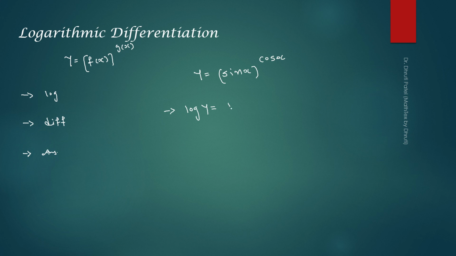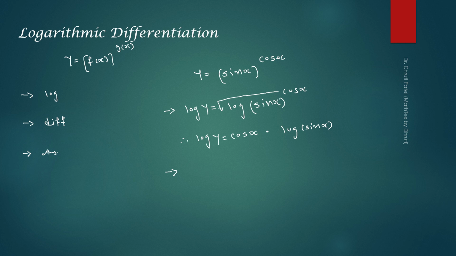So log y is equal to log of sin x raised to cos x. Now due to the logarithmic property, this cos x will come here in the multiplication and therefore I'll get log y is equal to cos x into log of sin x.